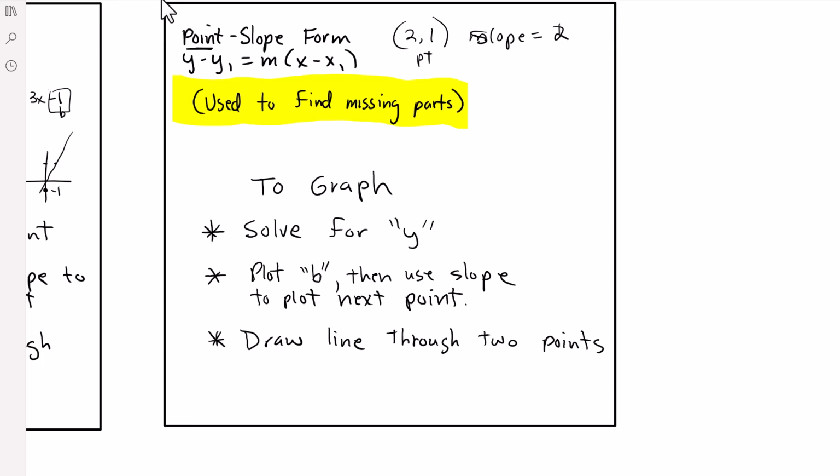Well, then you can take this, here's your x1 and your y1, and you can plug it into this equation. So y minus the y1 value, which is 1, our slope is 2, and then x minus the x value, do the distributive. So now you have y minus 1 is equal to 2x subtract 4, and now add 1 to both sides.